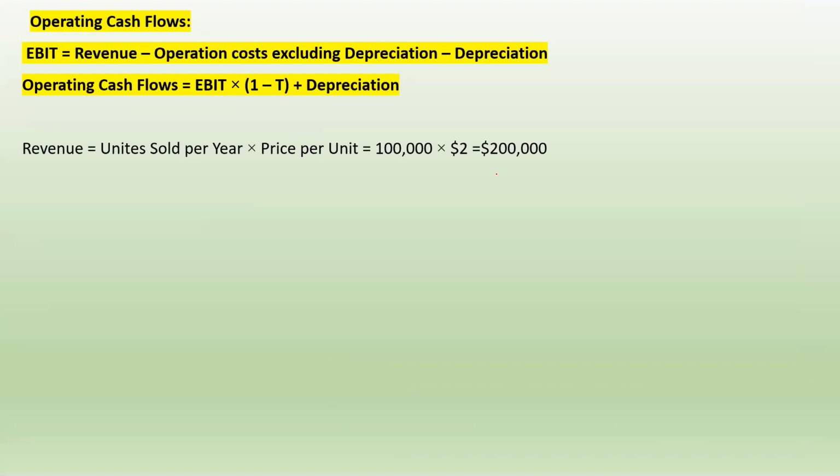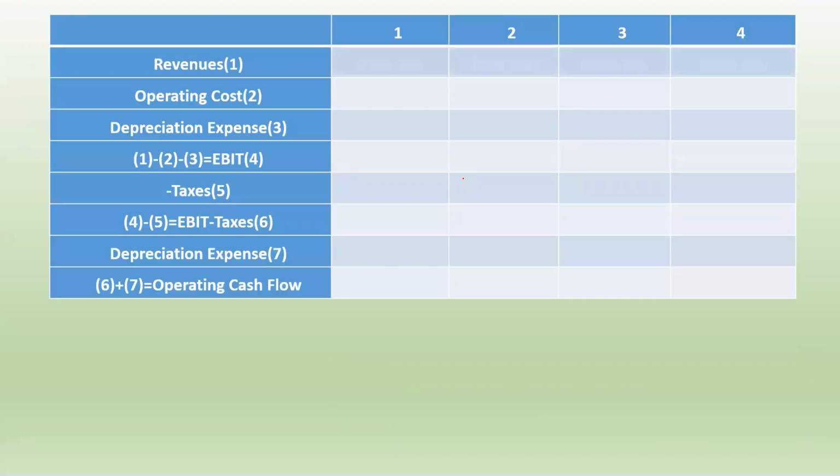So the total is 200,000. Here is the typo, it's units. Operating costs excluding depreciation is 60% times revenue, so it's 120,000.